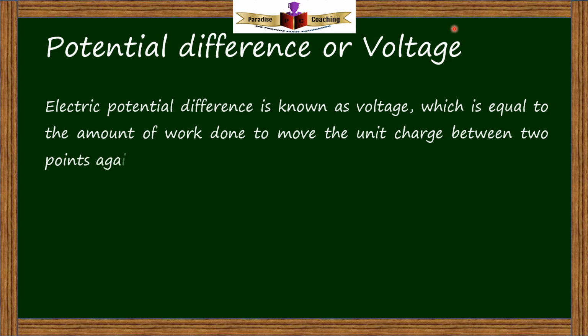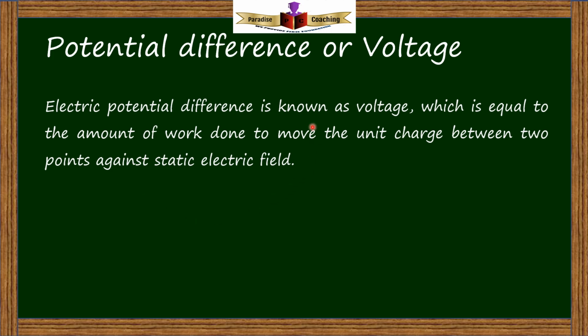Also you can use the term EMF, the electromotive force. As you can see now on the screen, electric potential difference, also known as the voltage, is equal to the amount of work done to move a unit charge between 2 points against the electric field.